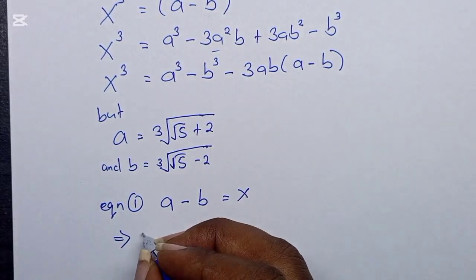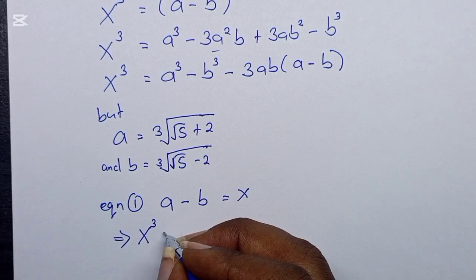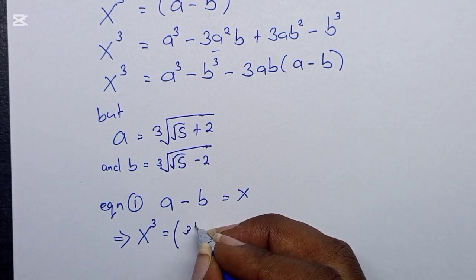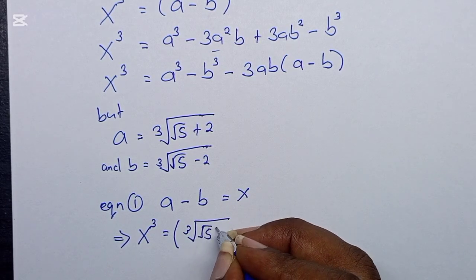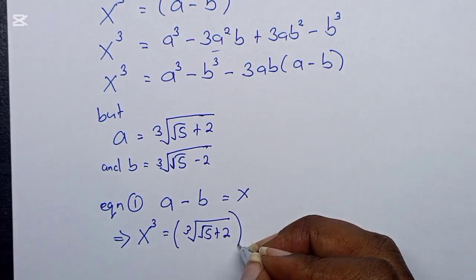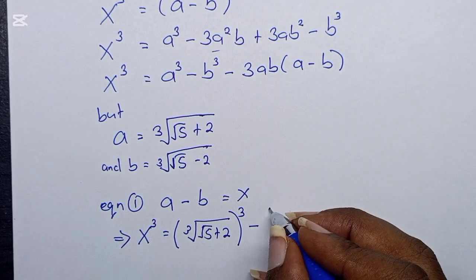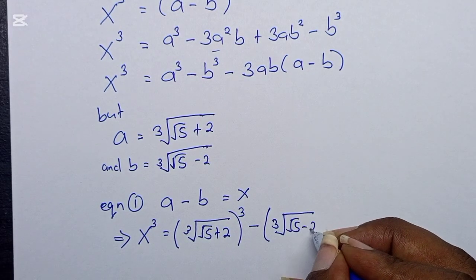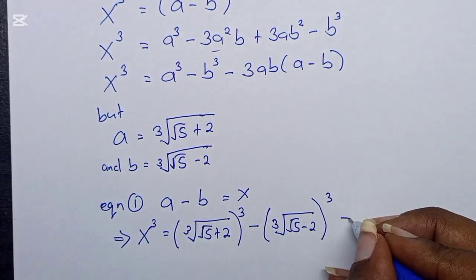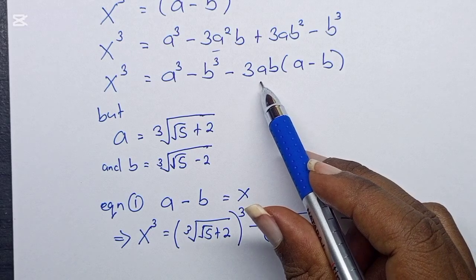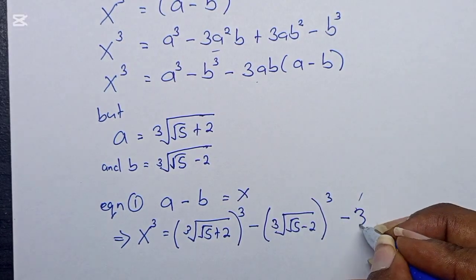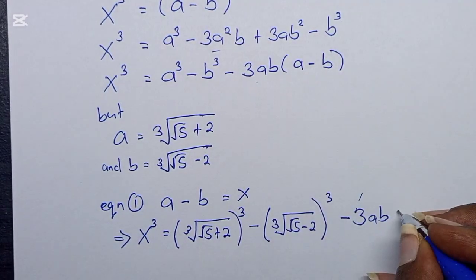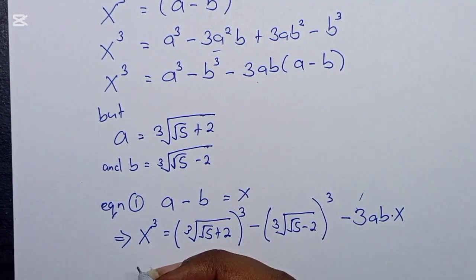This implies that x cubed is equal to the cube root of root 5 plus 2, cubed, minus the cube root of root 5 minus 2, cubed, then minus this 3ab, but a minus b we said is equal to x. So 3ab times x.